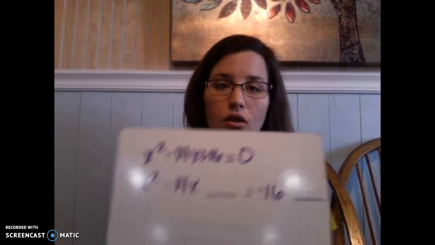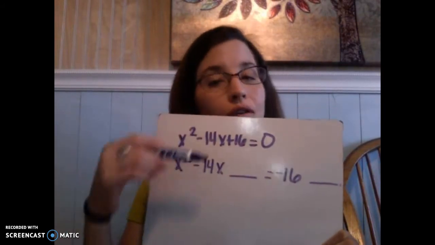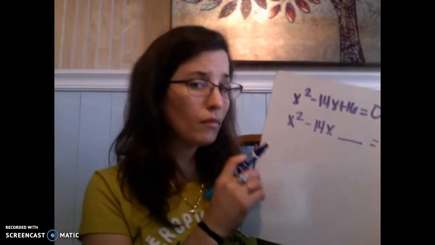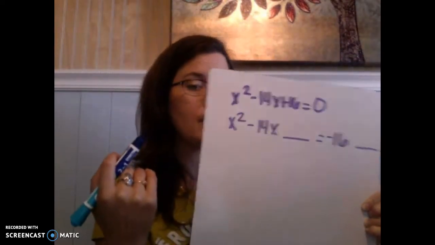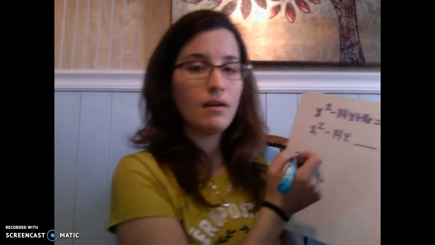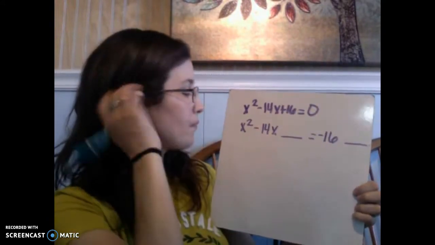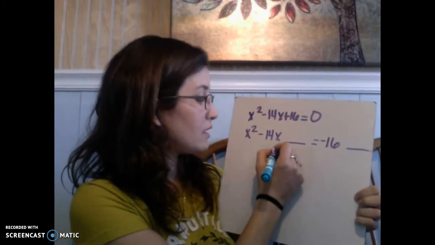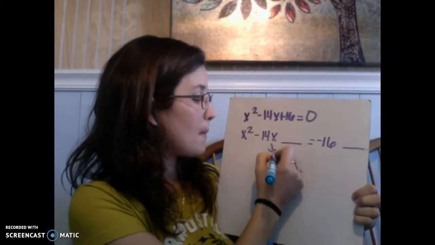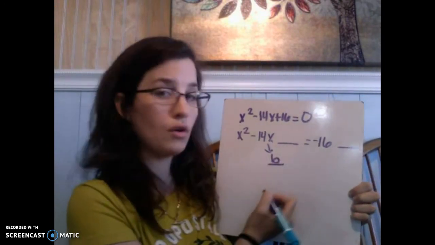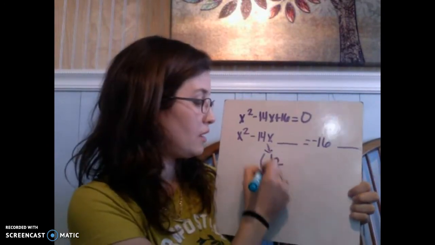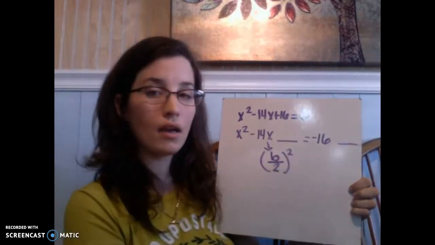And then square it. So how do you undo a perfect square, right? Getting back to where we need to be. Okay. How you do that is you're going to take your b over 2 and then square it.